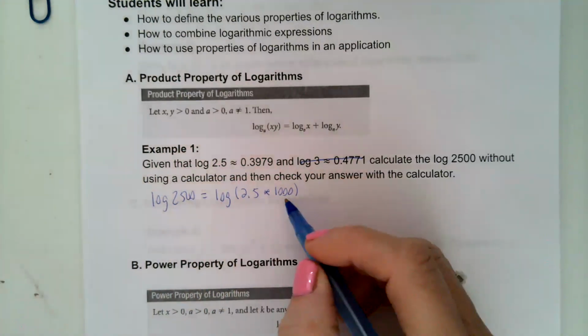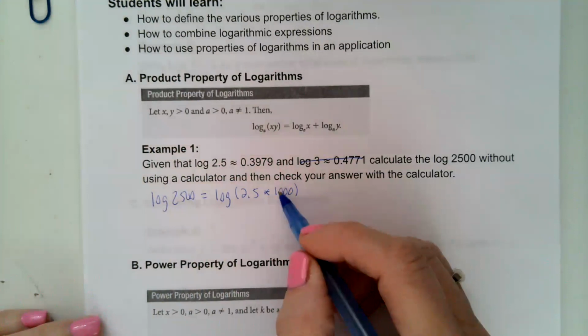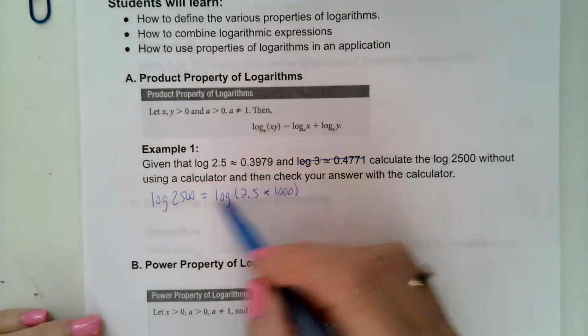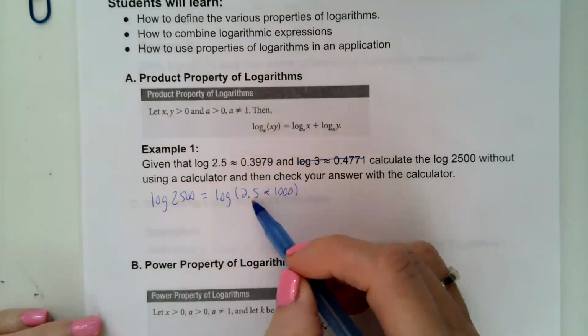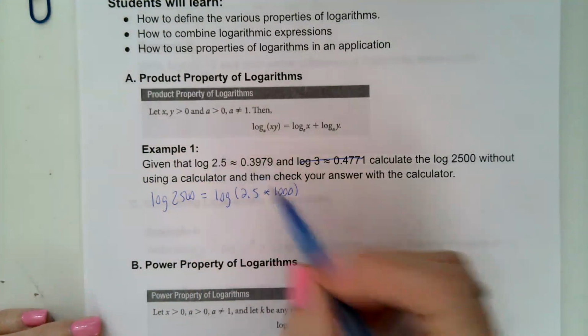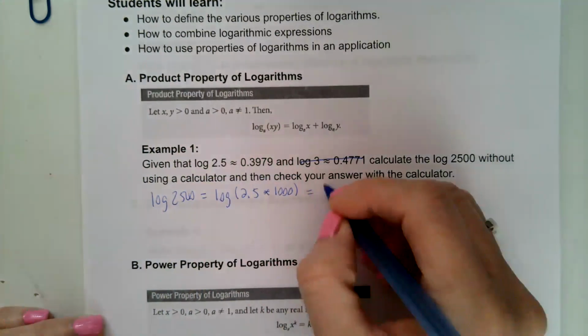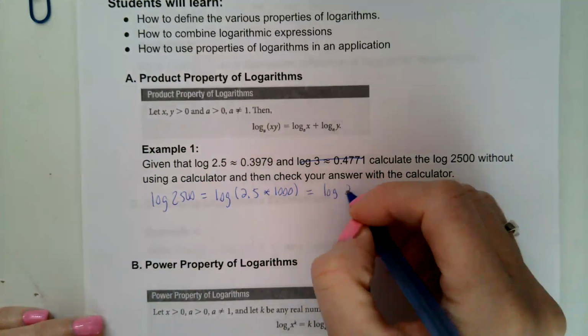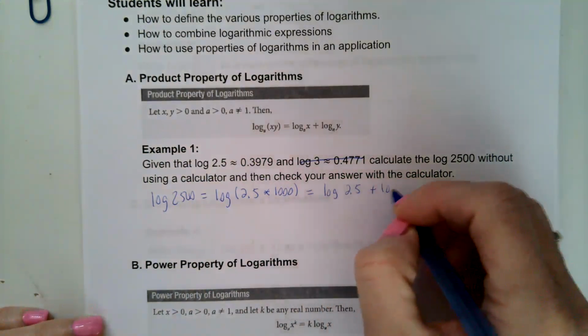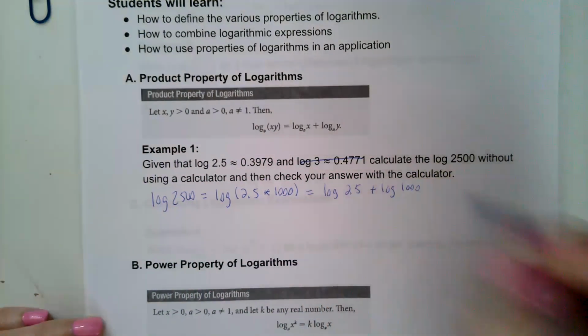Anything that can be a multiple of 10 is kind of a freebie. That's why I said 2,500 divided by 1,000 gives me the 2.5. So then I can use the 2.5. Then we can break them apart and say log of 2.5 plus log of 1,000.